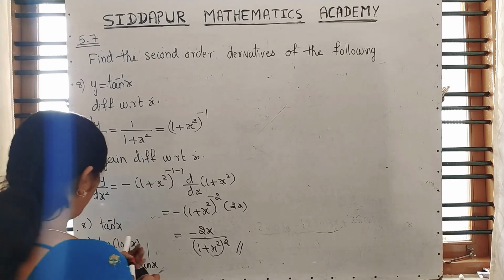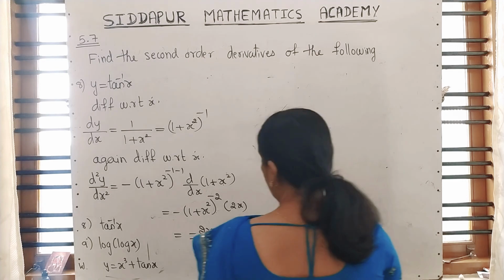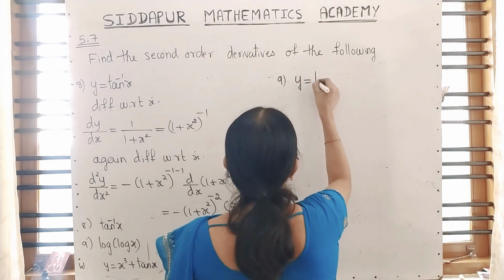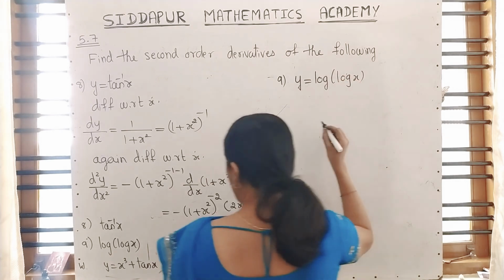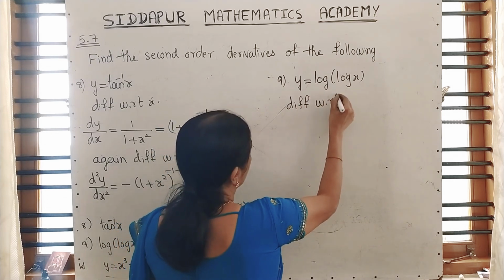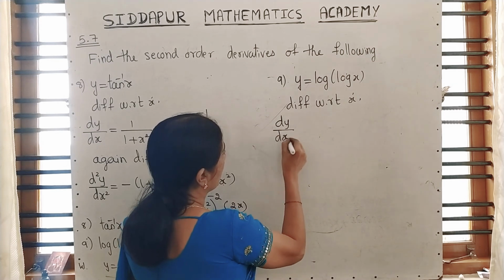Moving to the next question, that is question number 9. y is equal to log of log x. First derivative is what? Differentiating with respect to x, dy upon dx.